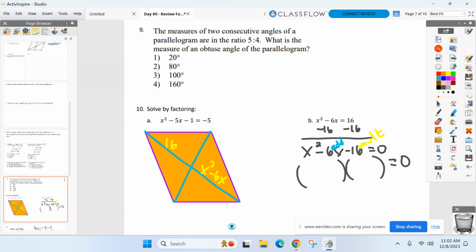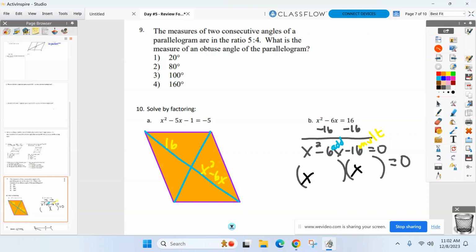As you compute those numbers in your mind, 1 and 16, 4 and 4, I don't think are going to work. There's one I'm missing on purpose.